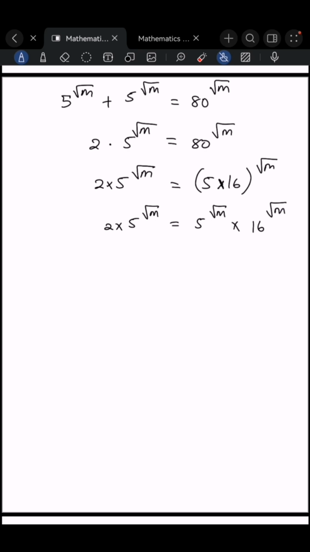We divide by 5 to the square root of m on both sides. What do we have? We have 2 is equal to 16 to the square root of m.